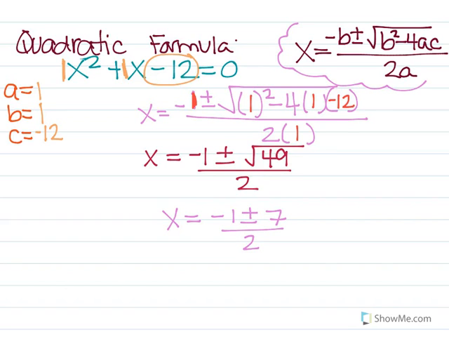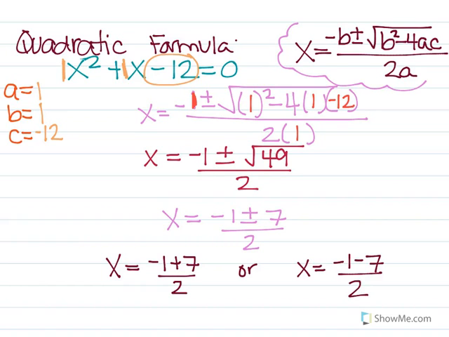Now the plus or minus allows you to break it up into two parts. One part would be adding, and the other part would be subtracting. So we end up with negative 1 plus 7, which gives us a positive 6, and positive 6 divided by 2 is going to give us our x value of 3.